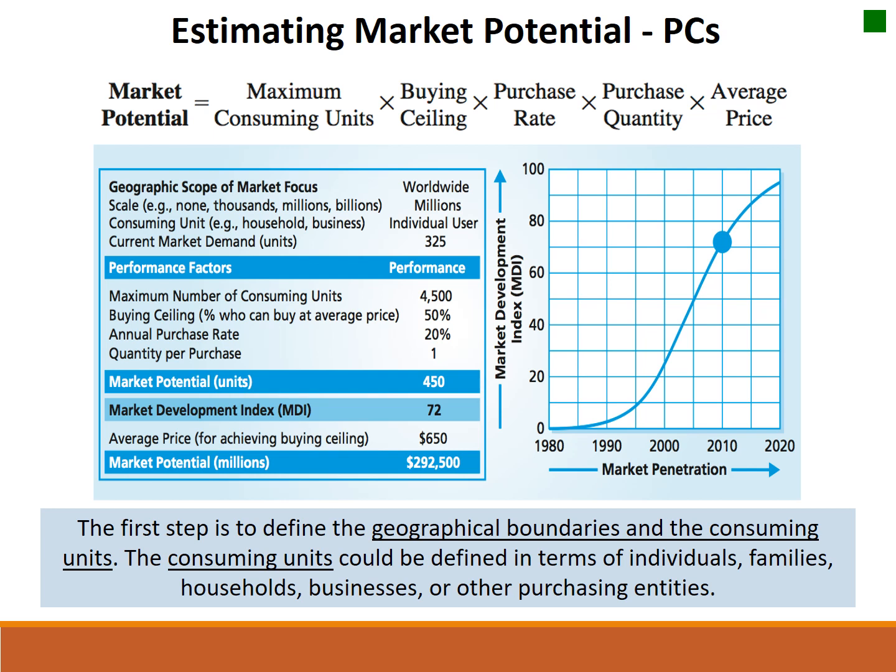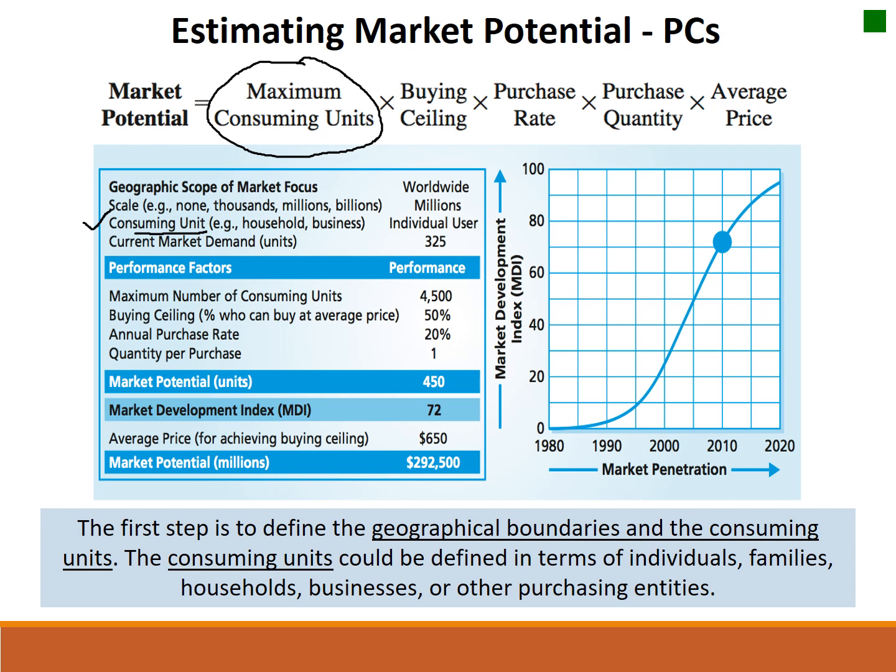Number one, the maximum number of consuming units. So that would be if we took everybody who's in the market segment that could possibly buy the product. And these could be consuming units, so these could be individual people, these could be households, these could be businesses. So how many total consuming units are in the market segment to buy this type of product?